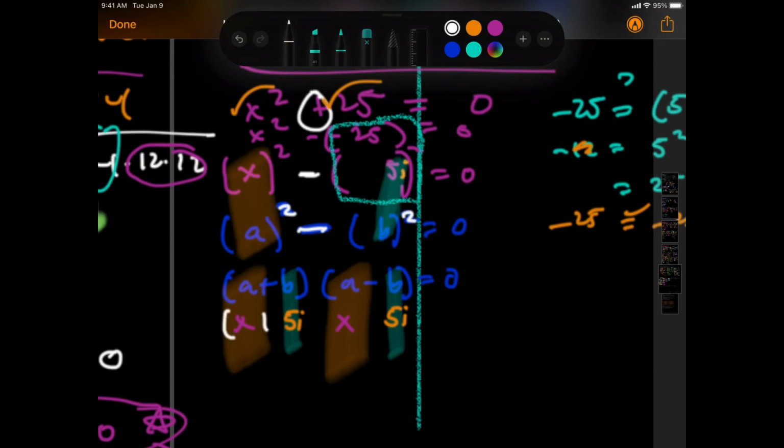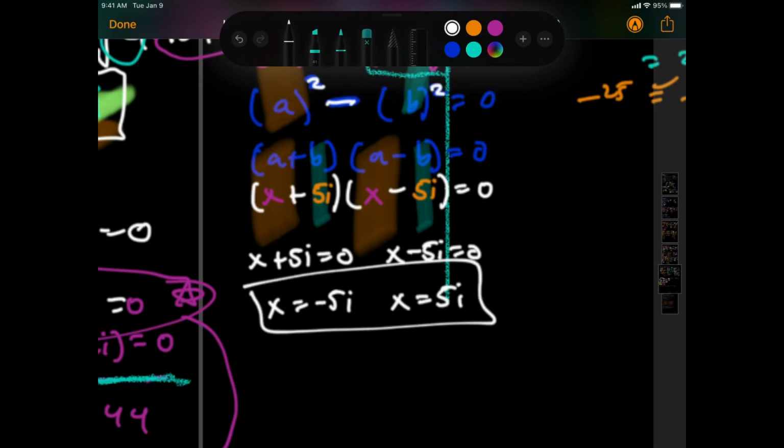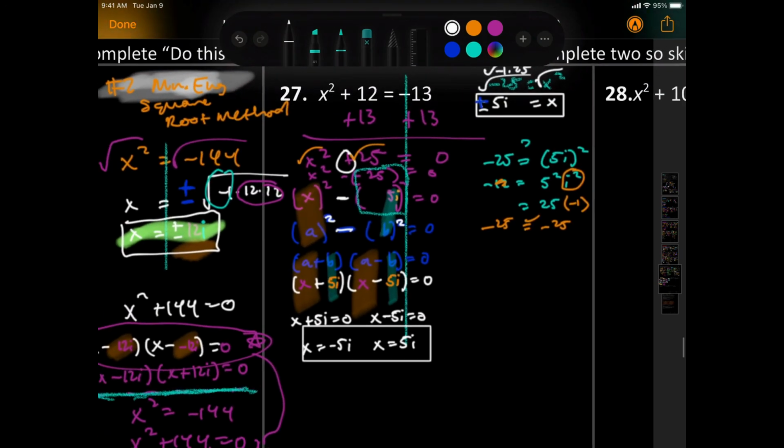So x plus 5i, x minus 5i. And then just set it equal to 0, zero product rule. So that's factored right above, and now we're just setting equal to 0 to solve. You do the opposite to move it across, and then you have this as your answer. Okay? That is solving number 27 using the difference of squares.